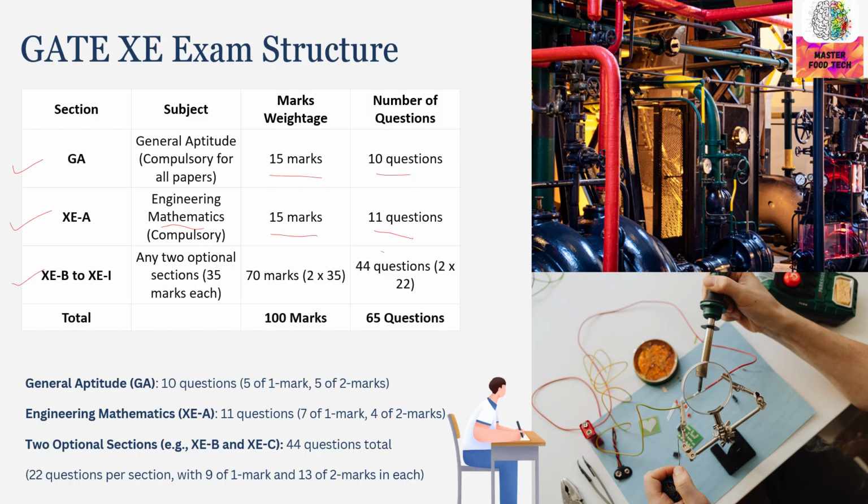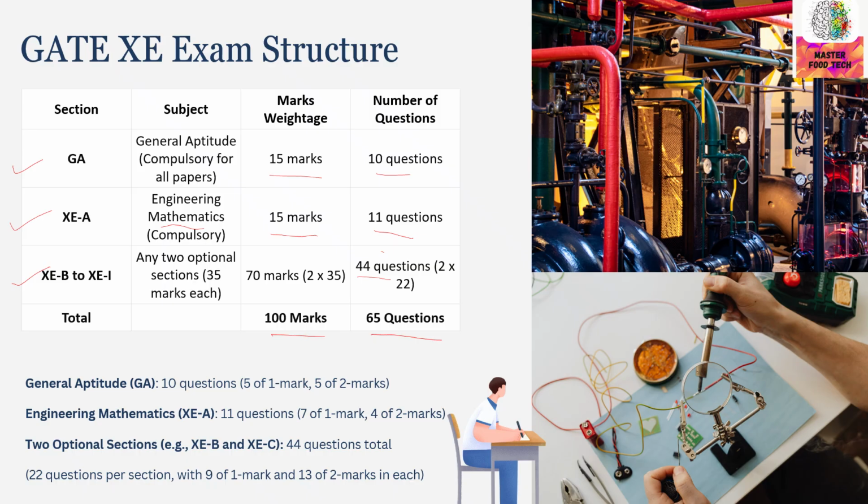Next, this is the optional section. Here also you have to choose two sections. In total you will have 44 questions, 22 questions per section, with 9 questions of 1 mark and 13 questions of 2 marks. So here also it's the same, a total 100 marks question paper, and you will have 65 questions.